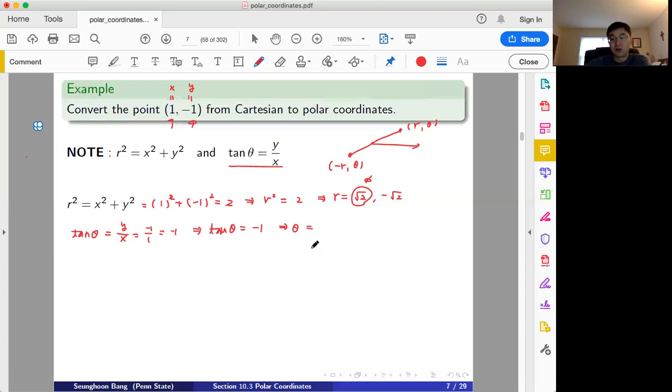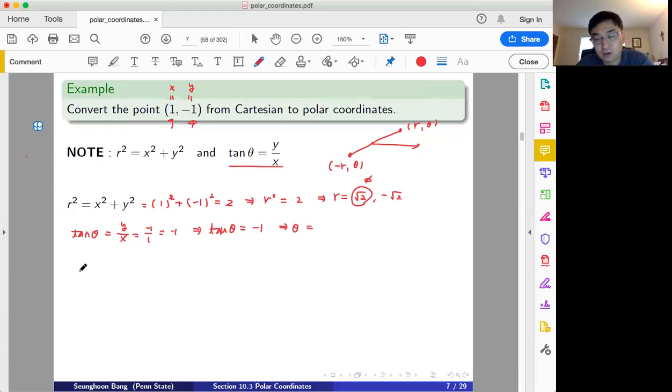Do you have any idea? Pi over 4? No. We can find the answer by using the unit circle or a reference angle. What is the reference angle? You can solve. Yeah, 3 pi over 4 is one answer.